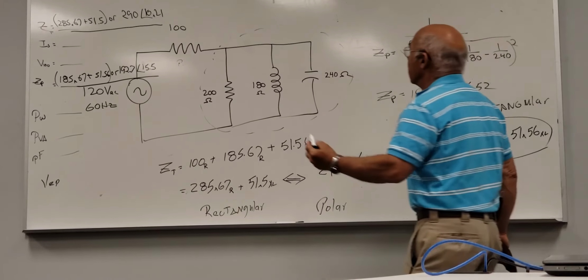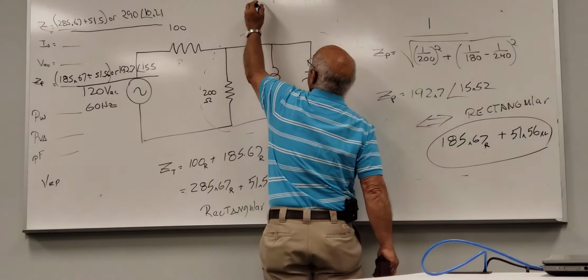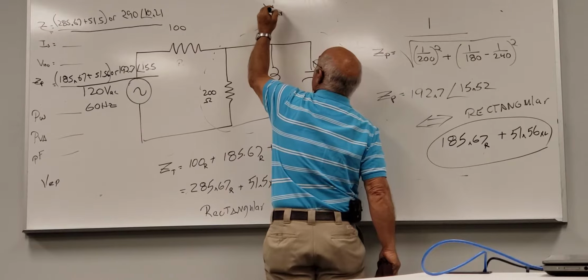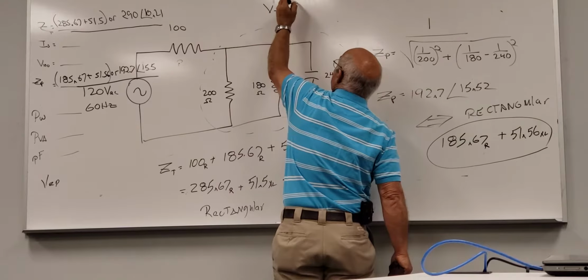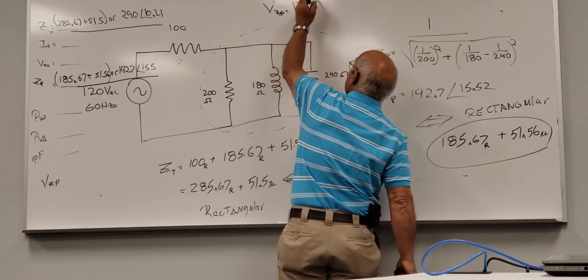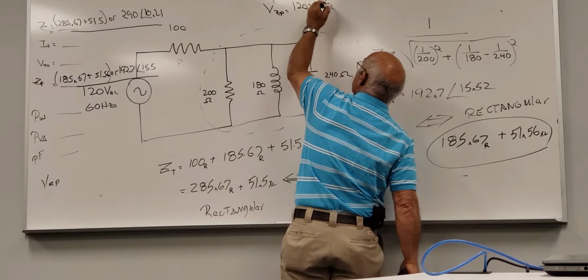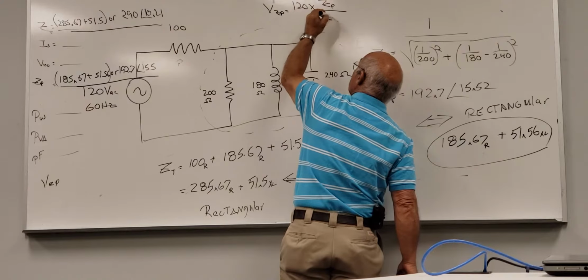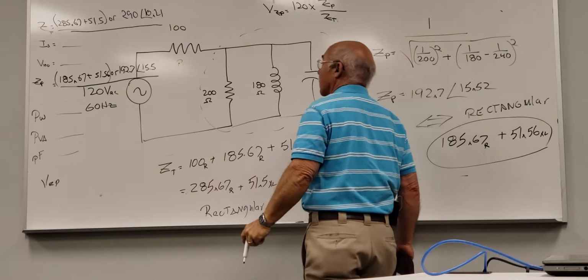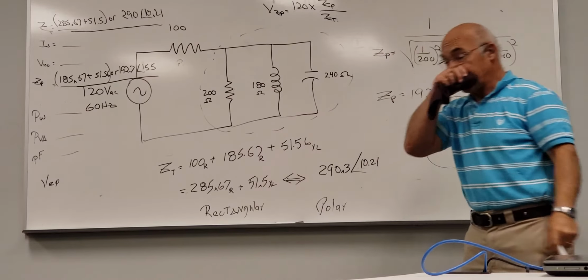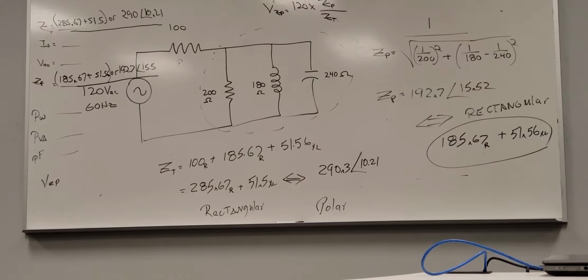I'm just simply going to say voltage across the parallel impedance is equal to source voltage times ZP over Z total. Since I'm multiplying and dividing, I'm gonna leave it all in polar.